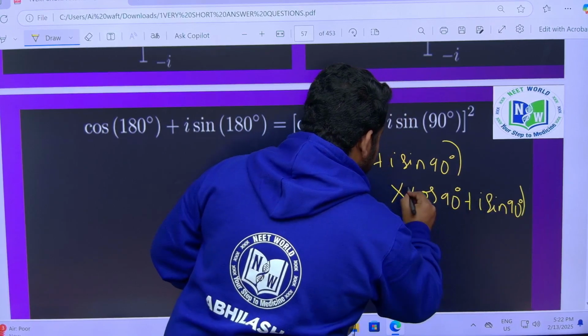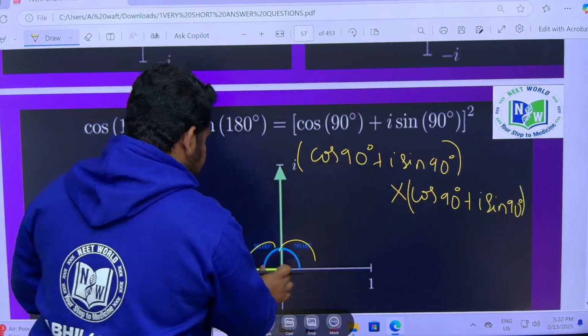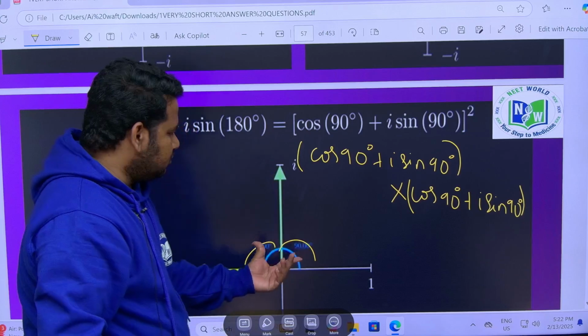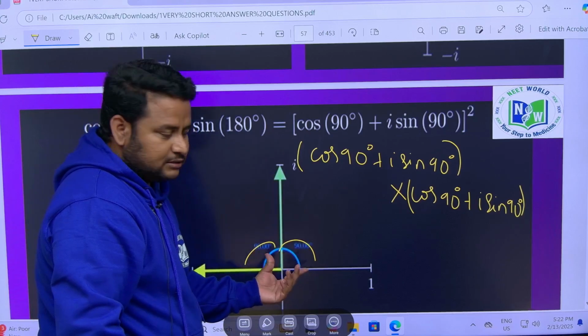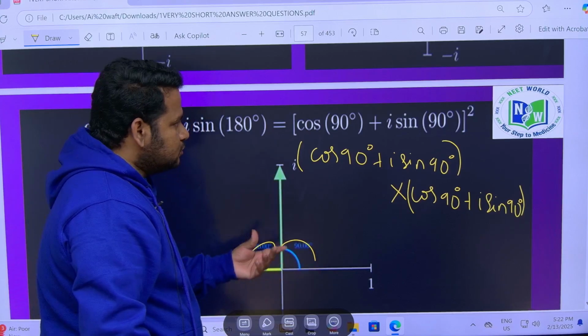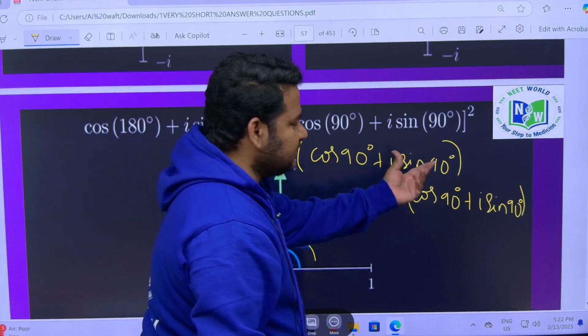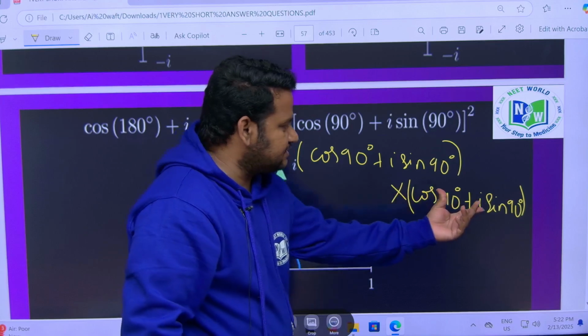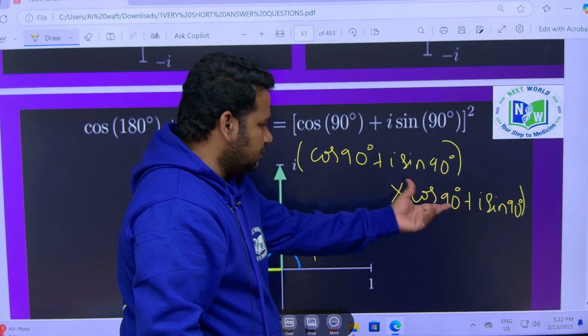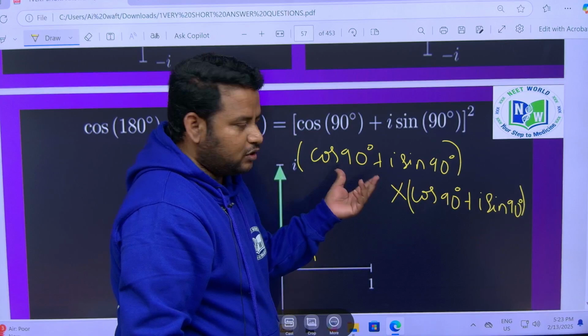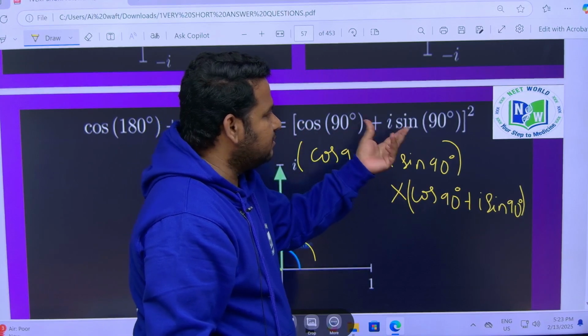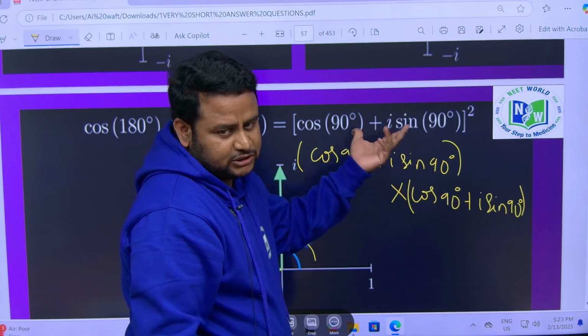So this is equal to what? Because you are splitting, the total angle here is 180 degrees, because this is a straight angle. So cos 90 degrees plus i sin 90 degrees, multiplied by cos 90 degrees plus i sin 90 degrees, is (cos 90 degrees plus i sin 90 degrees) whole squared.